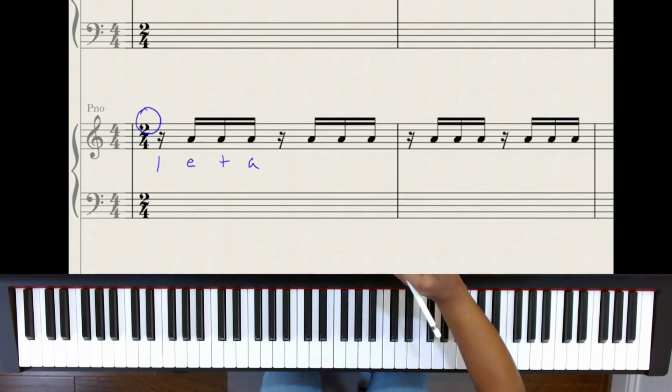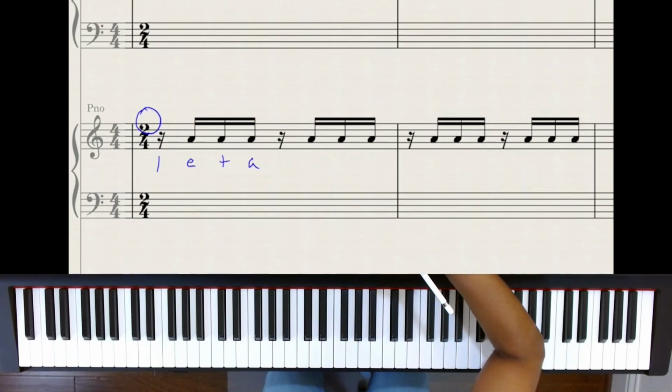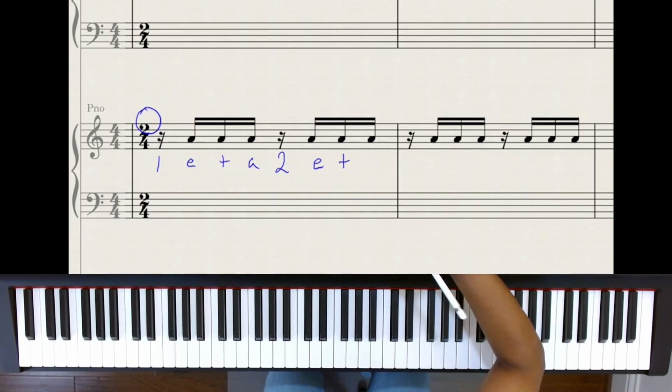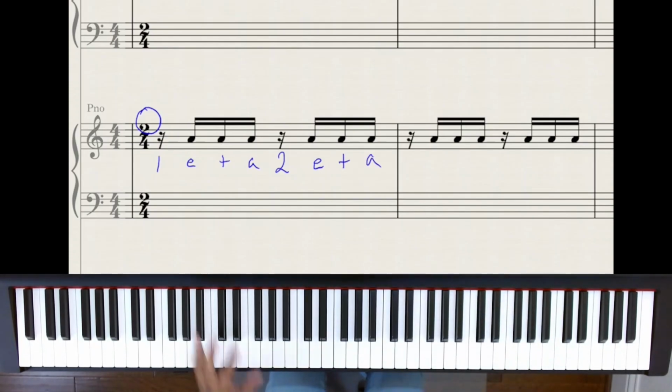So we have 1 E and A, and then beat 2 is going to fall on the second 16th rest, followed by another E and A, okay? 1 E and A, 2 E and A, 1 E and A, 2 E and A.